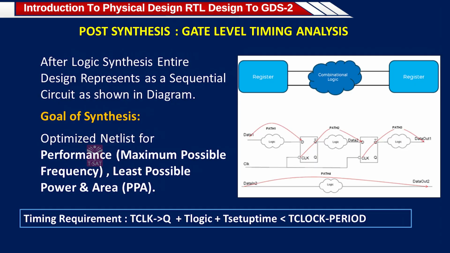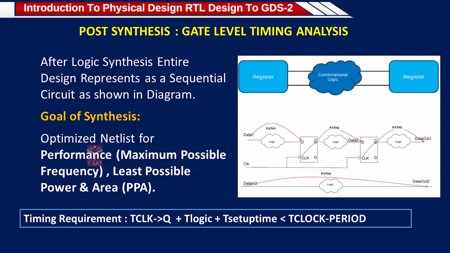After T logic, you see the signal output of that logic and it goes to the next flop D pin. Internally, we have some delay, it is called setup time. By adding all those values, it should be less than the clock period of your design. If you are able to meet this equation, you can say your design is running at a particular frequency.